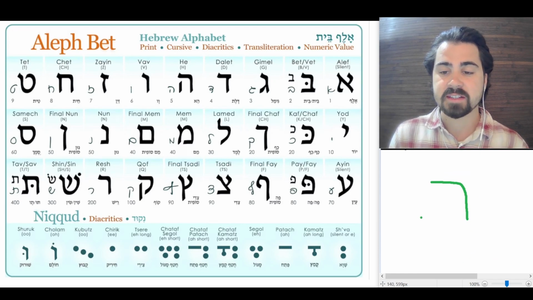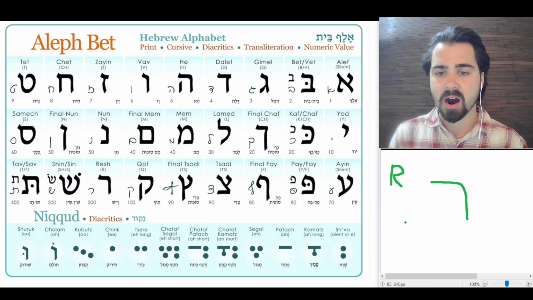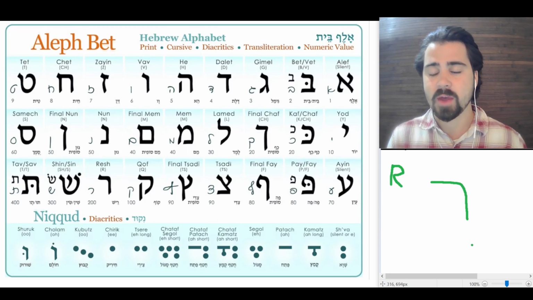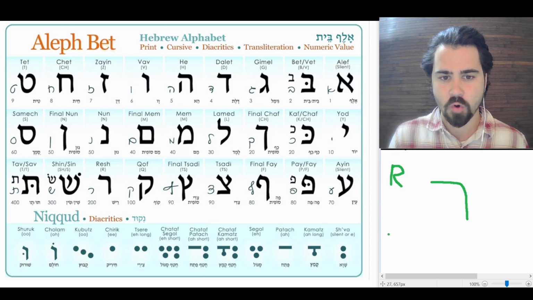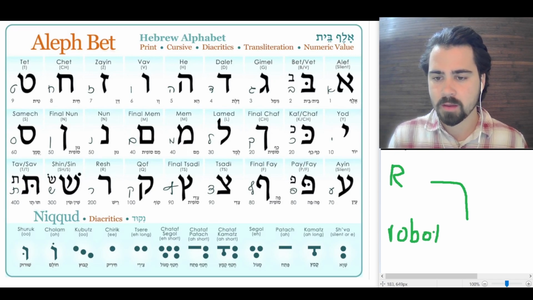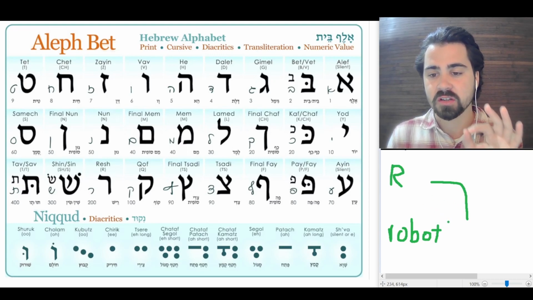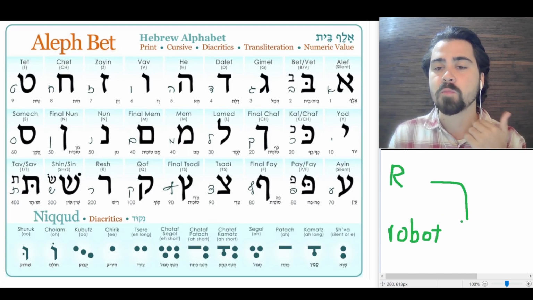Sound is r. So the closest one in English we have is r. But in Hebrew, we have a different sound. It's not r like robot, it's more rolling in your throat.